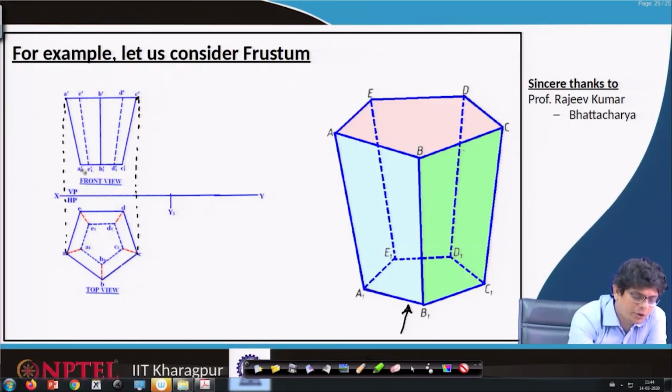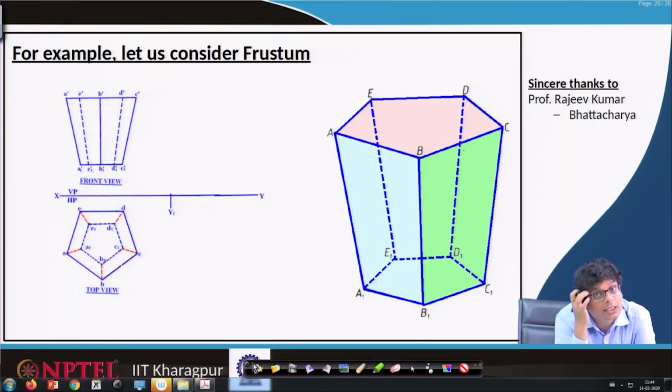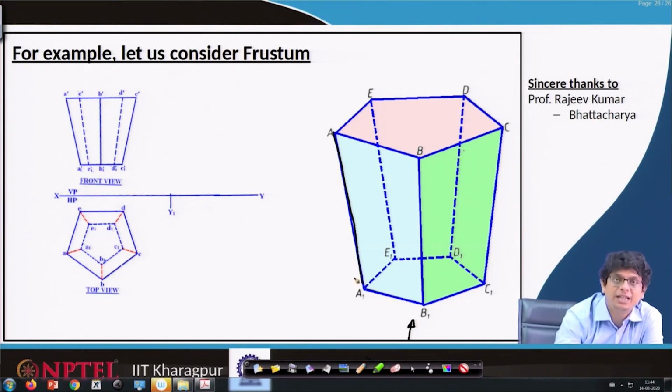Each and every point is mapped there: A point, E point, D to D, C to C, B to B. This is the way we connect these maps. Once done, from the front view, we will be in a position to see the slant edge.